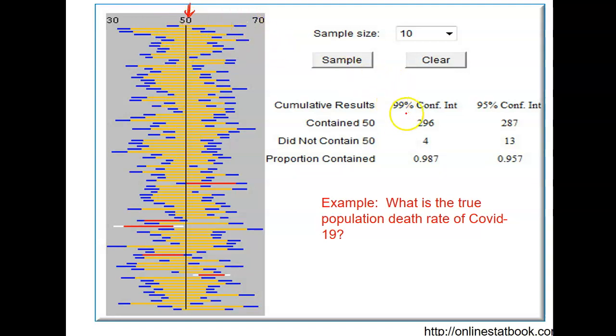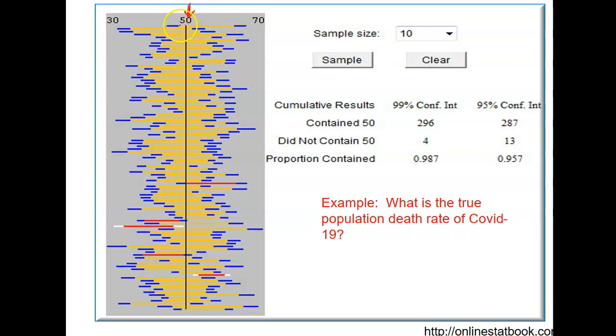The longer ones are the 99% because in order to have a higher confidence level, our interval has to be larger to accommodate that. Looking at these, the only ones that actually miss the value they're trying to capture are one down here where it turned white, and this interval here. So those two did not contain the value we were trying to estimate, but all the rest did.